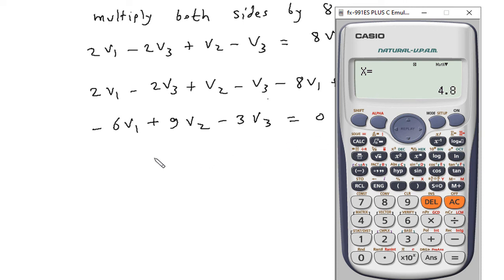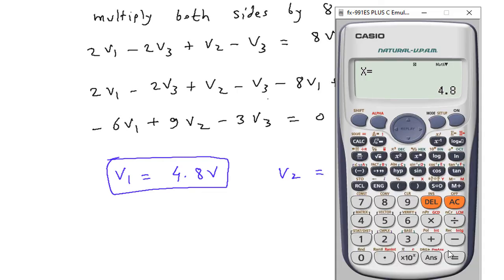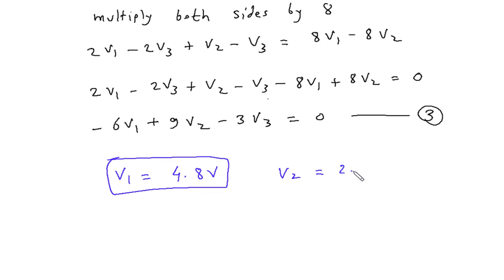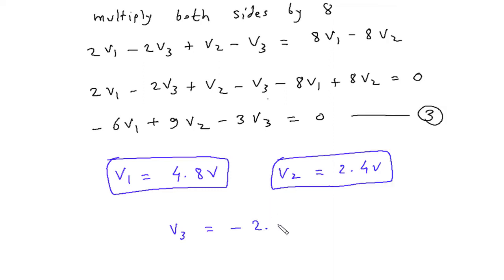This gives V1 equal to 4.8 volts, V2 equal to 2.4 volts, and V3 equal to minus 2.4 volts.